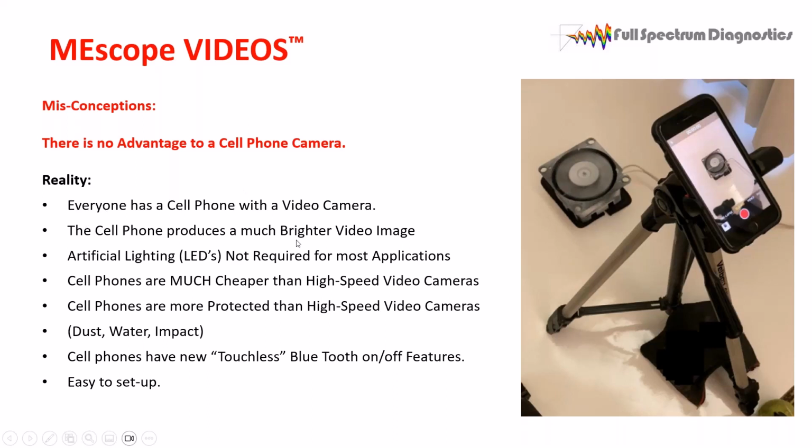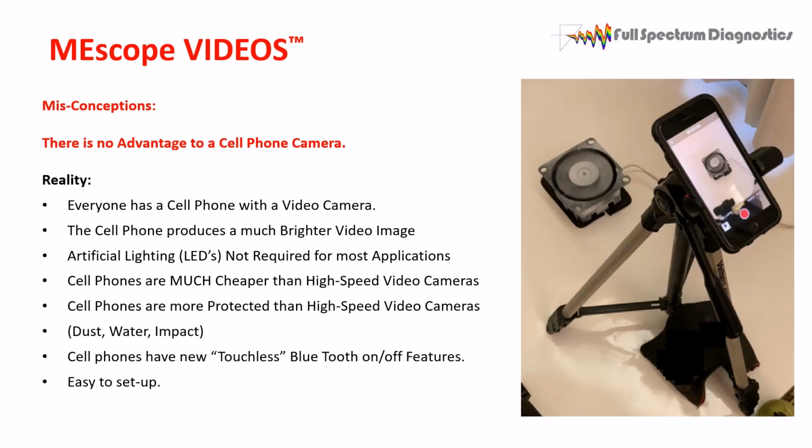Cell phone produces a much better video image. It depends on the camera. They have different lenses on the back, and they have different lighting sensors on the inside. So even some of these cameras can take pictures in the dark. They're looking at the infrared image that we can't see.